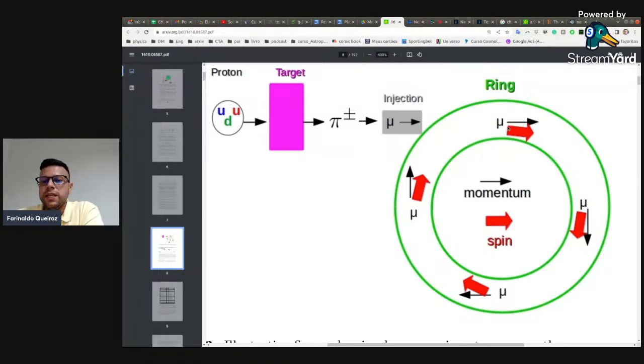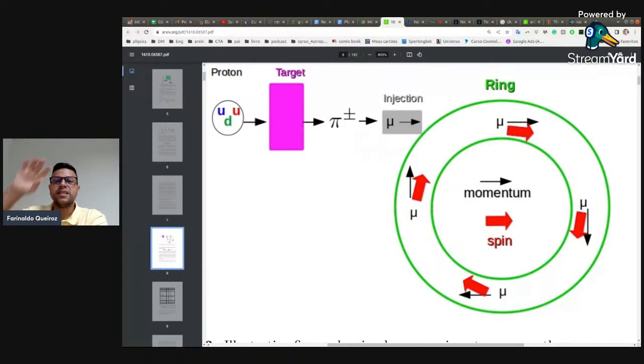Anyway, as the muon goes around in synchrotron motion, its momentum is changing direction. As the momentum changes, the spin also changes because the muon is left-handed, so the spin has to point in the direction opposite to the momentum. But because of the magnetic field, the spin precesses.